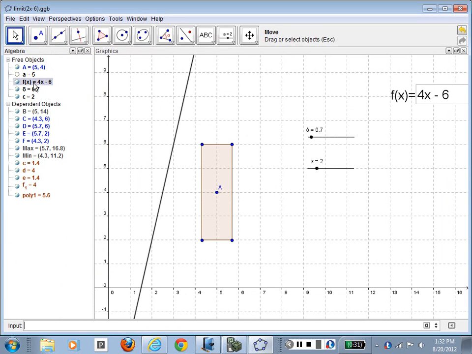Have I called it f? Oh, it's 5. So I need the value of A. So A equals... Would it be F5?